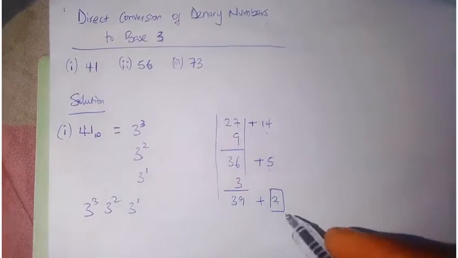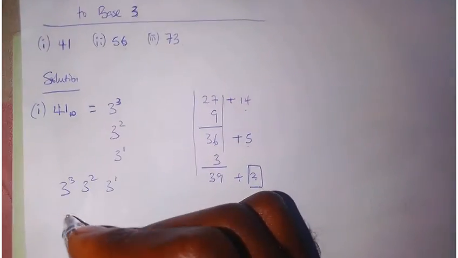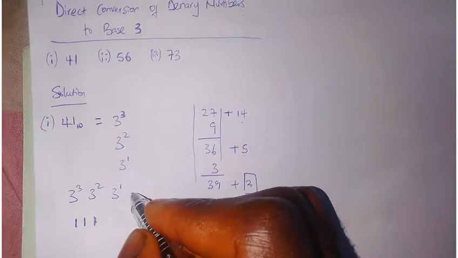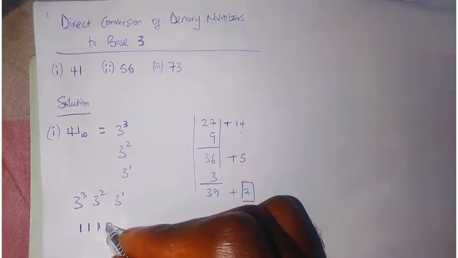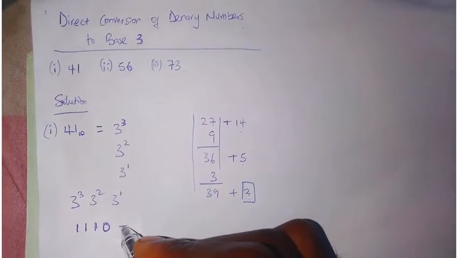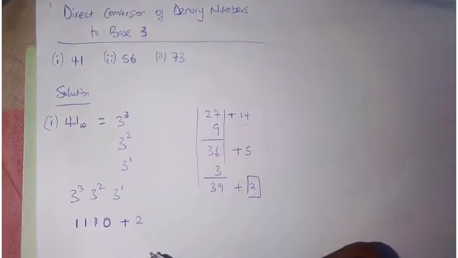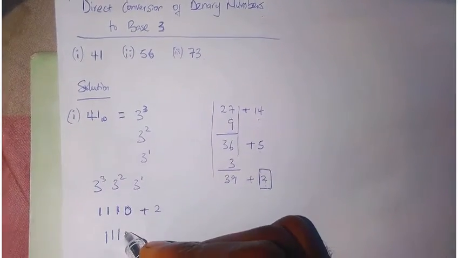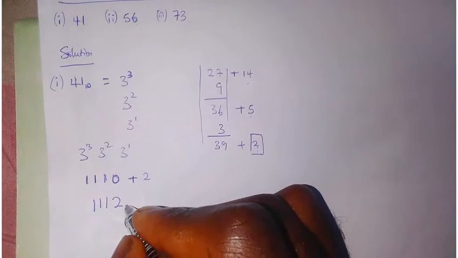What am I going to do with this remainder? The coefficients are 1, 1, 1. There's no 3 raised to power 0, so that's 0. I will add the remainder to my solution, which now becomes 1112, all in base 3.